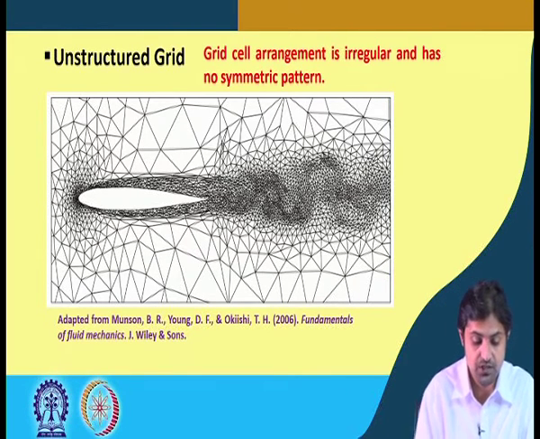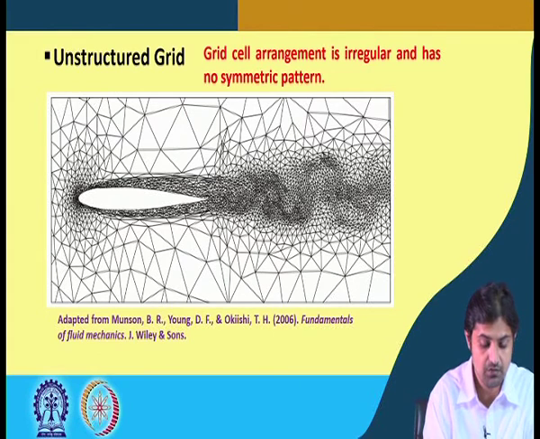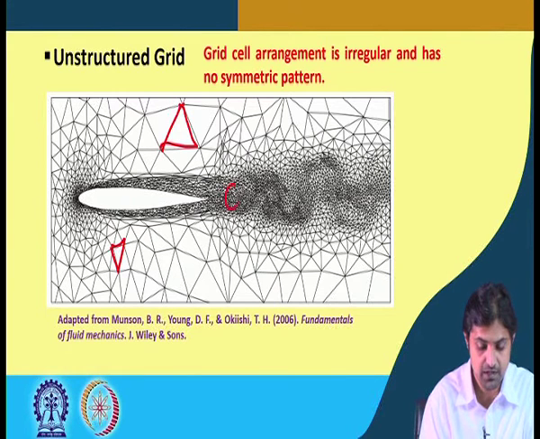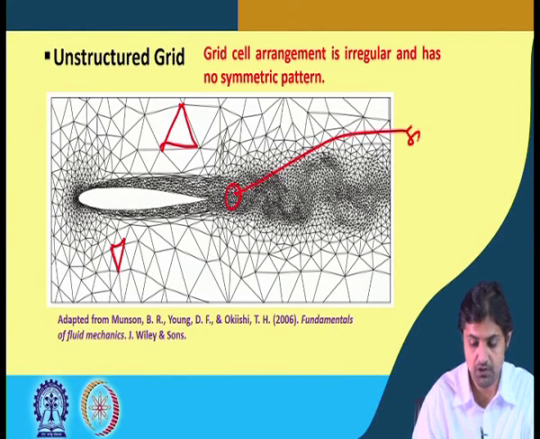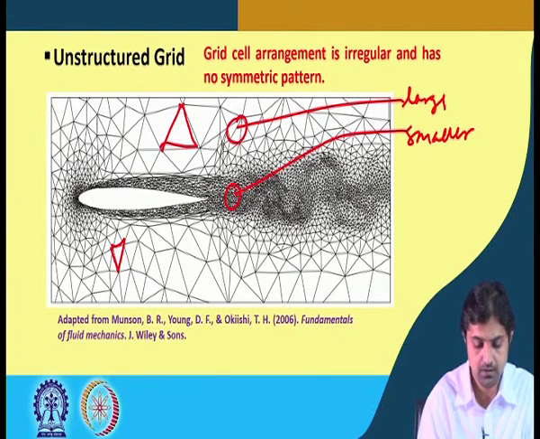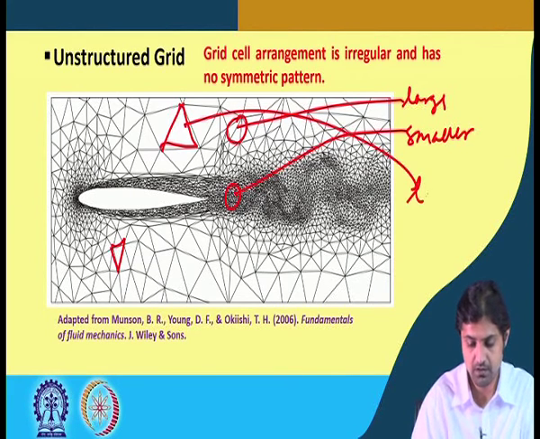See the triangles, these are of no specific same type. You see these cells here are very small, smaller than these ones here, which are the largest.